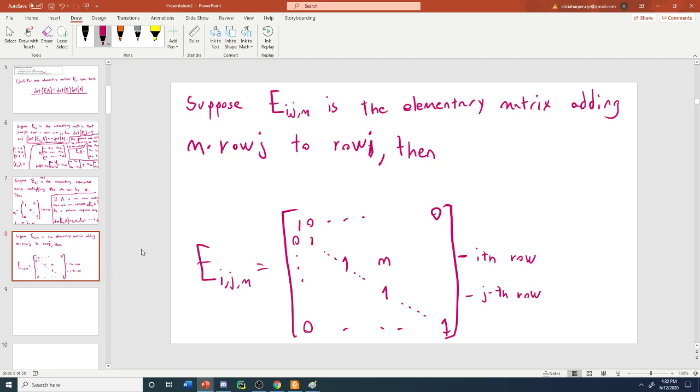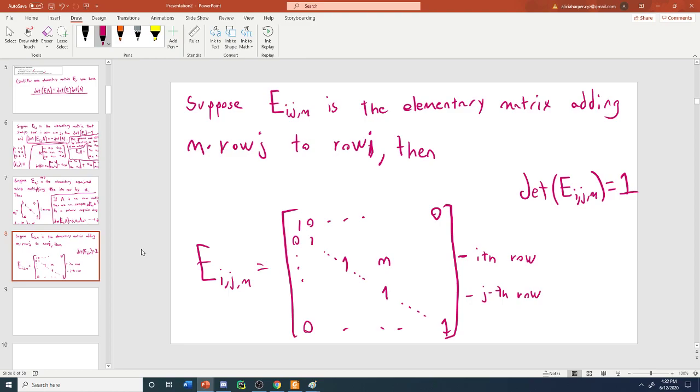Now, if you look at this matrix, you can see right away that it's upper triangular. And the only thing along the diagonal is 1s. So the determinant of E_{i,j,m} is just going to be equal to 1.